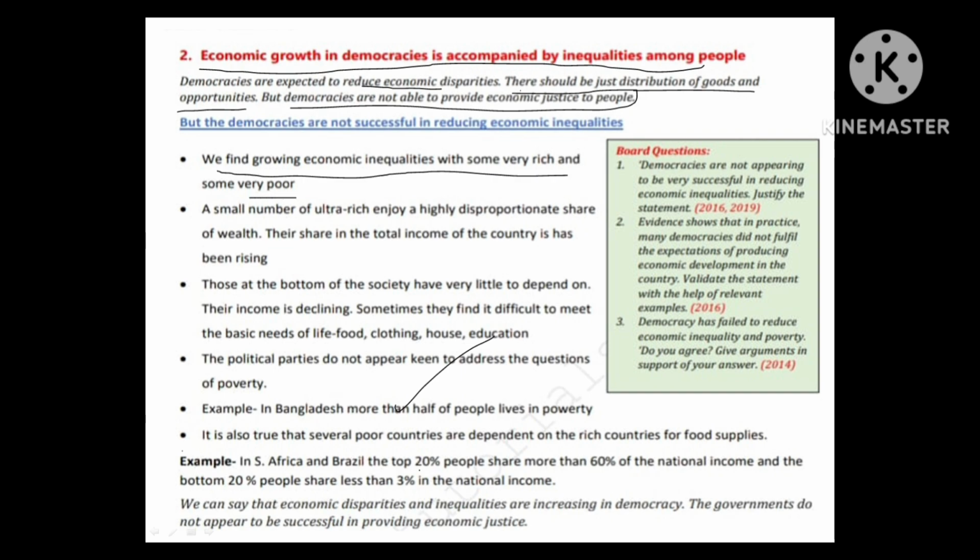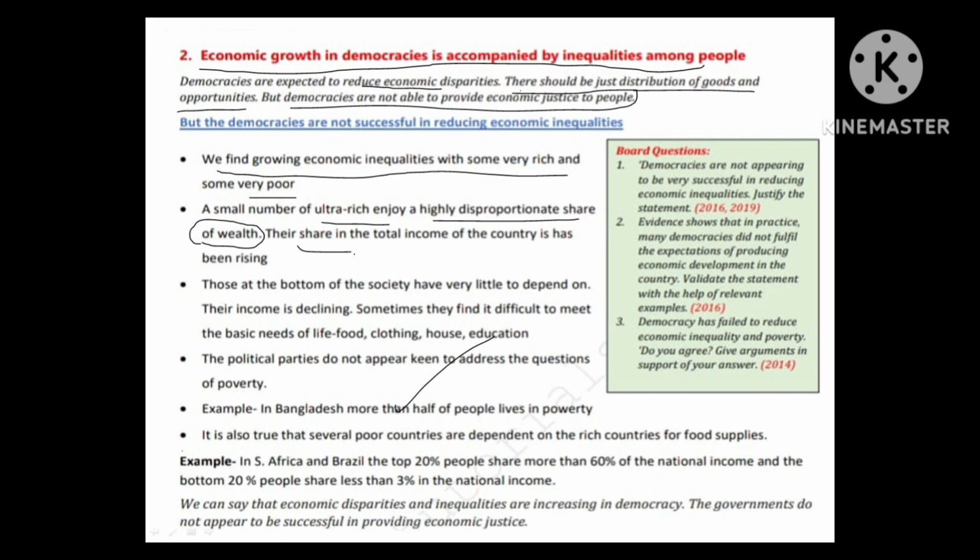Democracies are expected to reduce economic disparities. The democratic countries are expected to ensure a just distribution of goods and opportunities, not wealth. But democracies are not able to provide economic justice to the people. Why is it so? Because democracies are based on political equality.